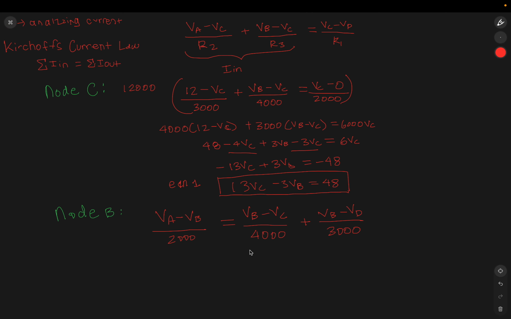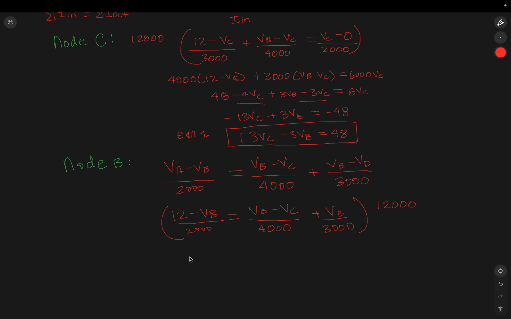Now we substitute our known values, which is 12, and we know that VD is equal to 0. Now again, like the previous node, we're going to find our common denominator, which is 12,000.